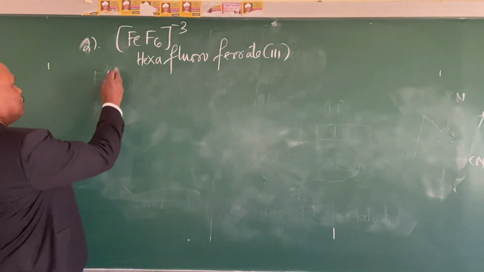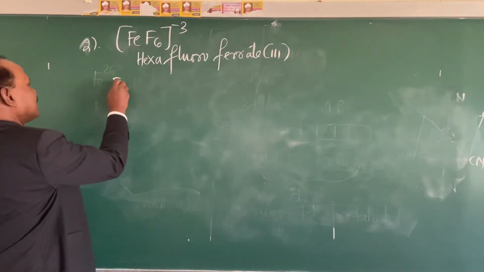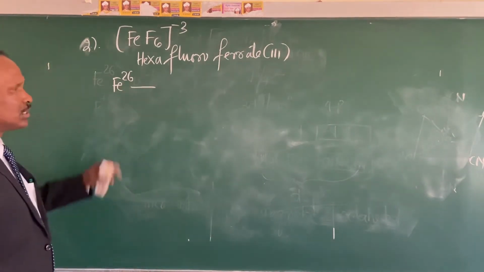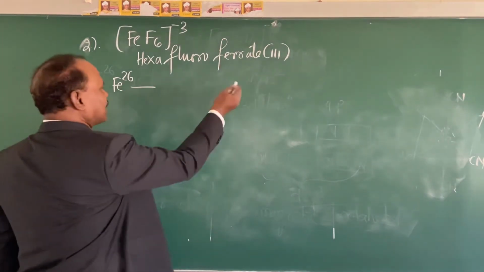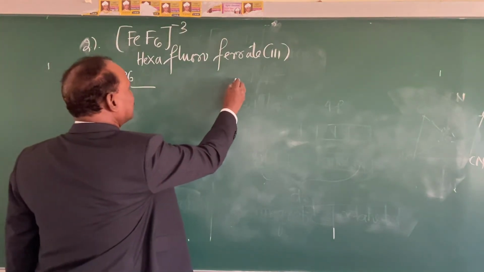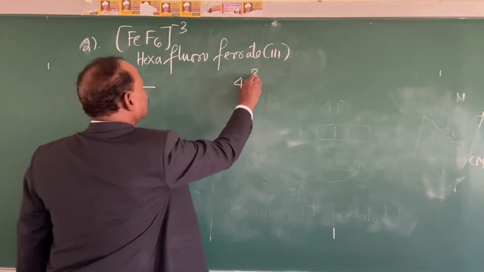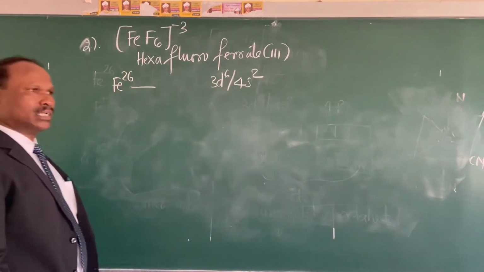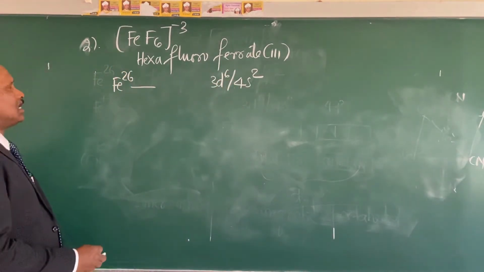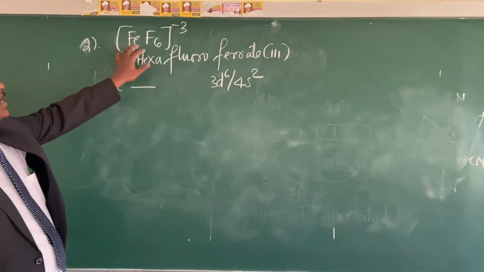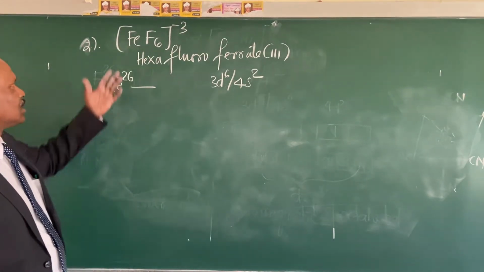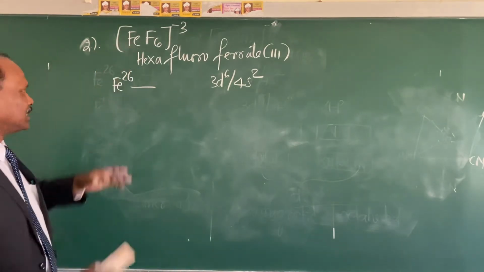Once again, in this, the central metal ion is iron. It has atomic number 26. Directly I will write its outermost electronic configuration as 4s2 3d6. Now in this complex ion, hexafluoroferrate(III), the oxidation number of iron is +3.